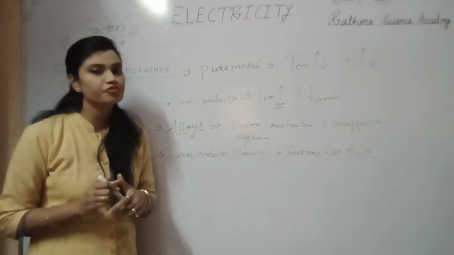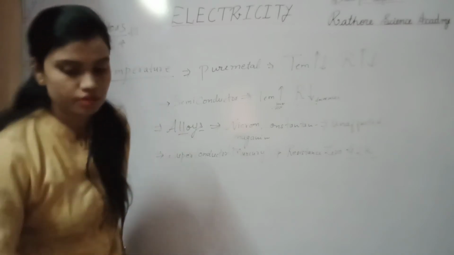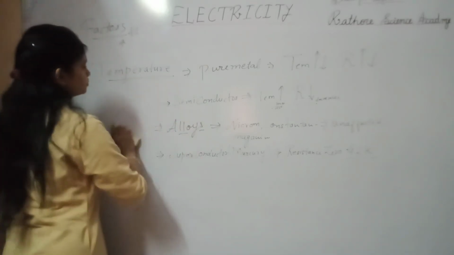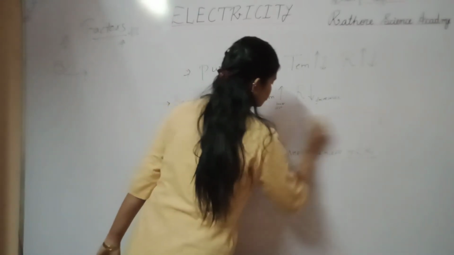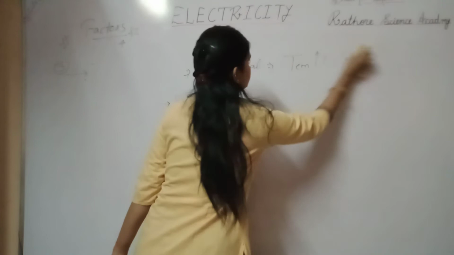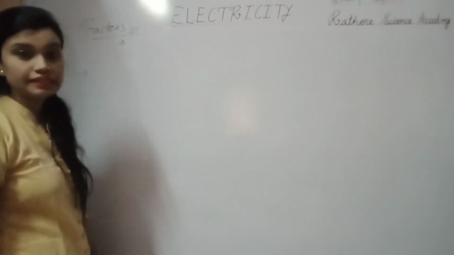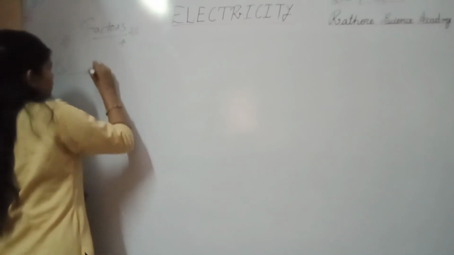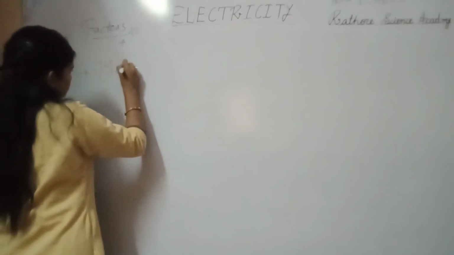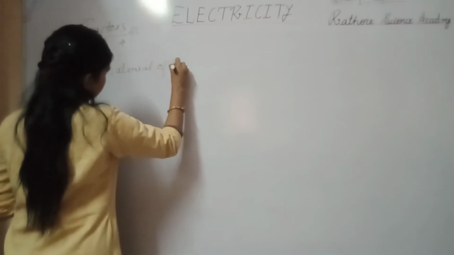And the fourth factor which affects the resistance of a conductor is the material of the conductor. Resistance of a conductor also depends upon the material of the conductor.